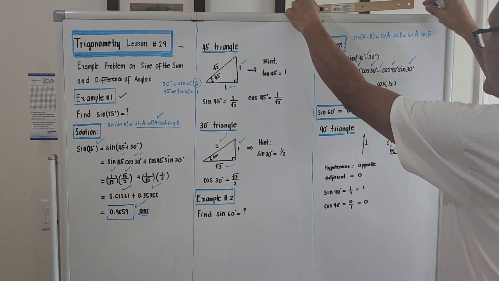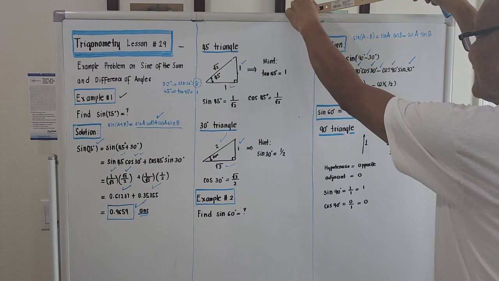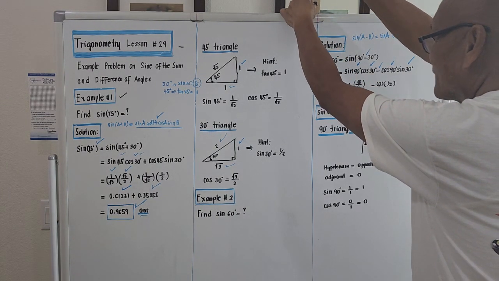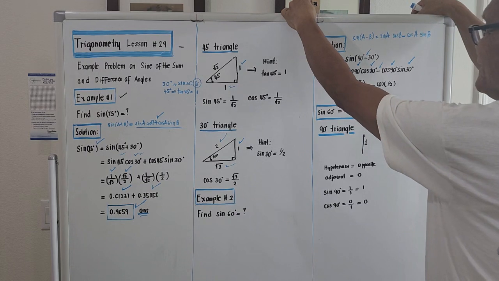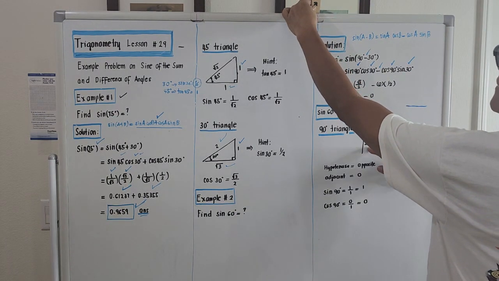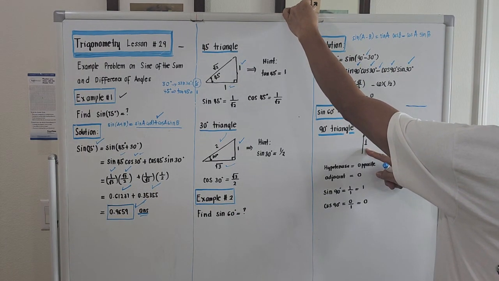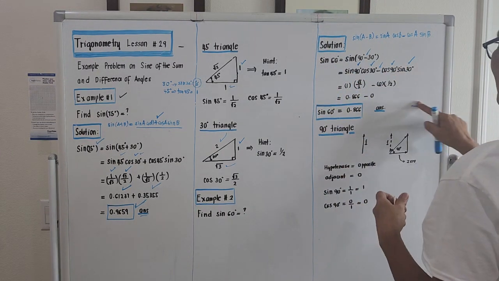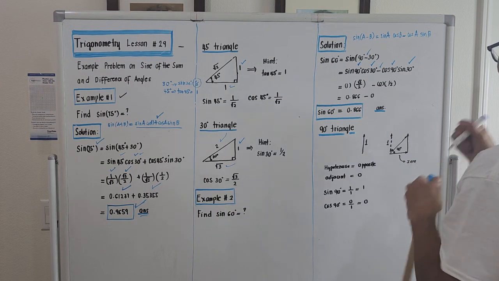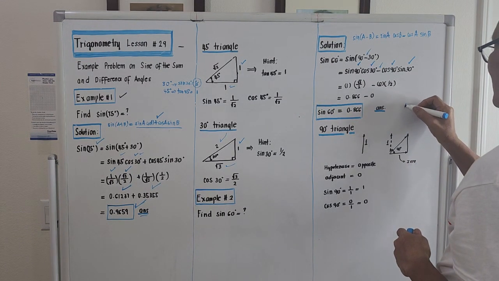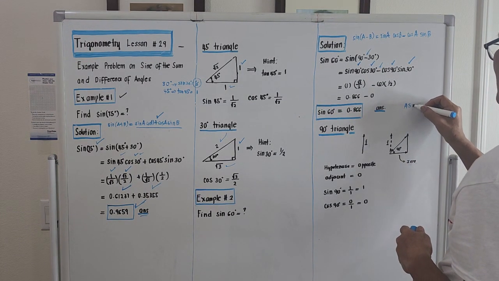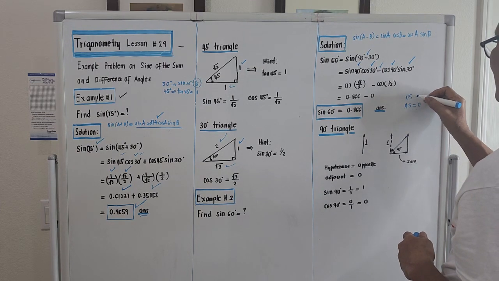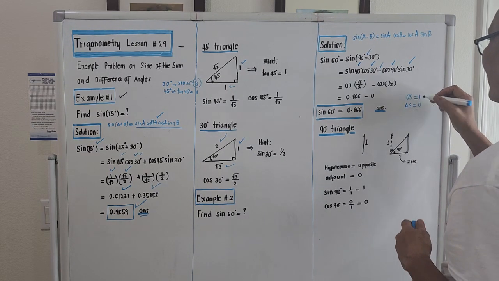But the problem with 90 degrees is that it keeps rotating, then it goes vertical. It is like this. It goes vertical. So the adjacent side is equal to 0, and the opposite side will now be equal to 1.